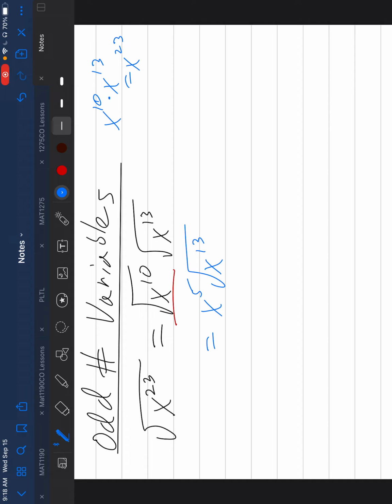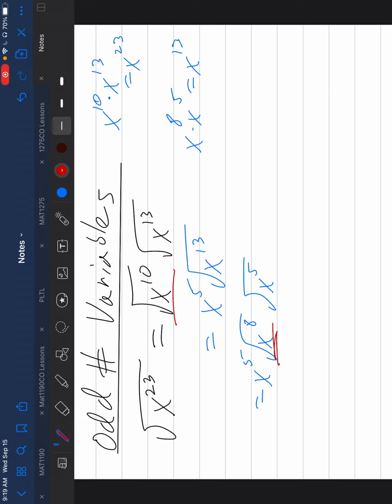Now, is it possible to split up x to the 13th into factors such as, let's say, x to the 8th and x to the 5th? The answer is yes, because this is going to equal x to the 13th. So now we can split this up again. We have x to the 5th out here, and then x to the 8th inside a radical, x to the 5th inside a radical, because again, it's got to add up to 13, and 8 plus 5 does that.